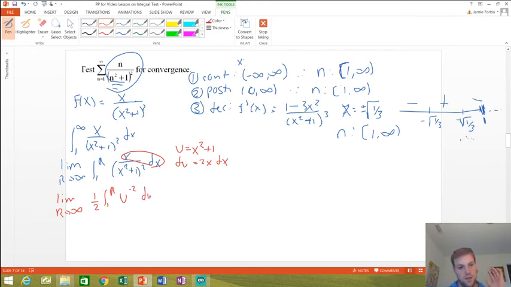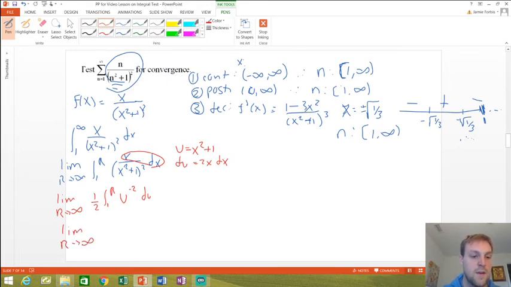Again, you know how to integrate. I can let you do all this math on your own. I'm just going through the integral test real fast. If we integrate that, that'll be negative 1 over u. I'll substitute everything back in. That's the limit as r is approaching infinity.